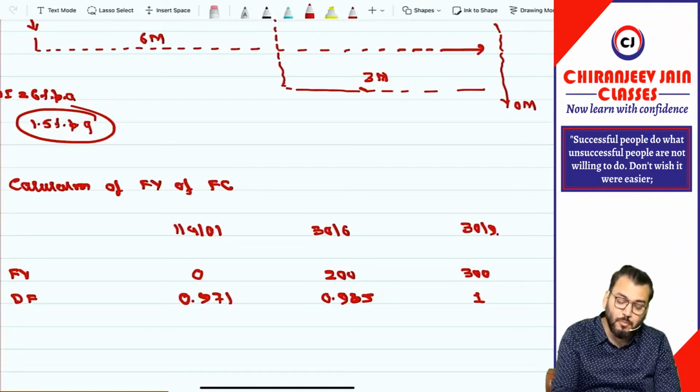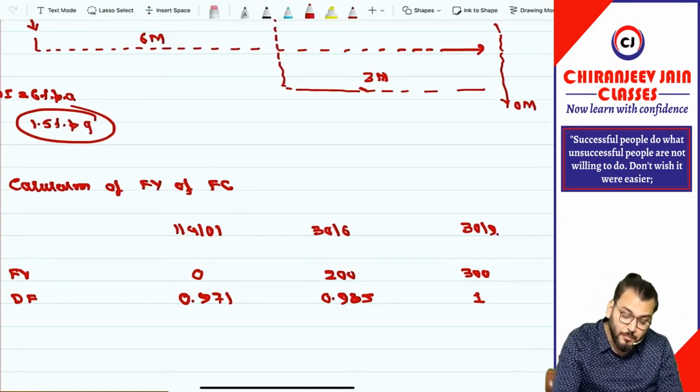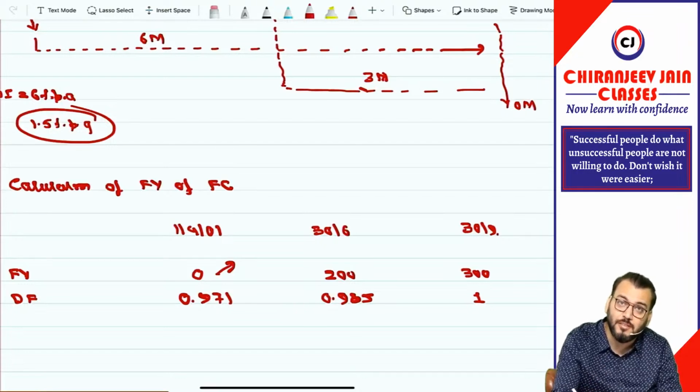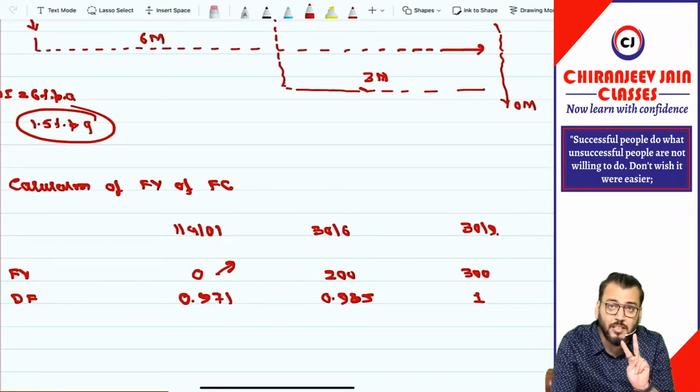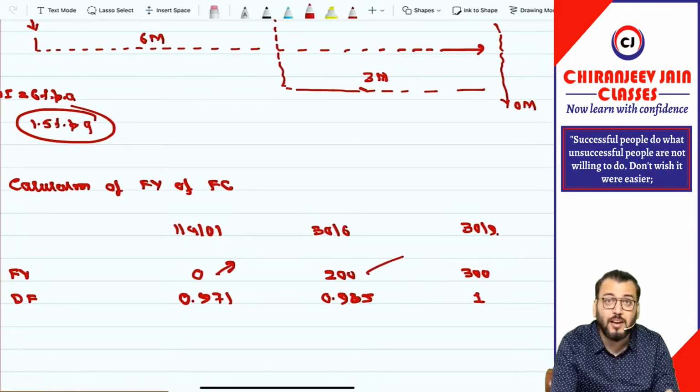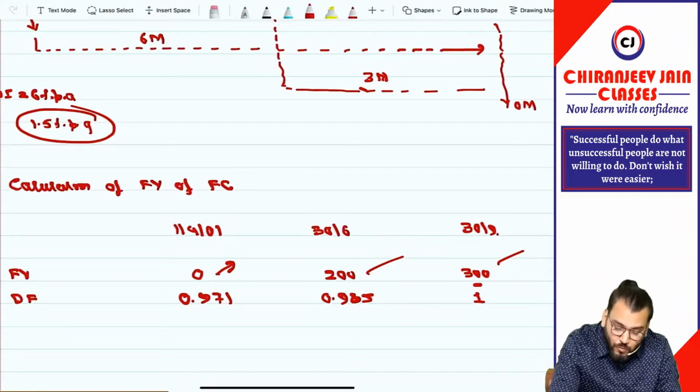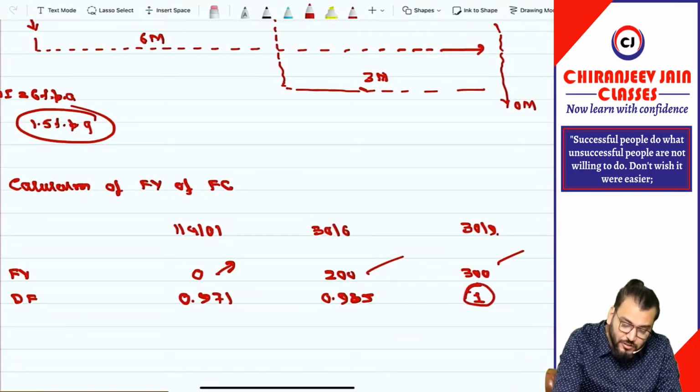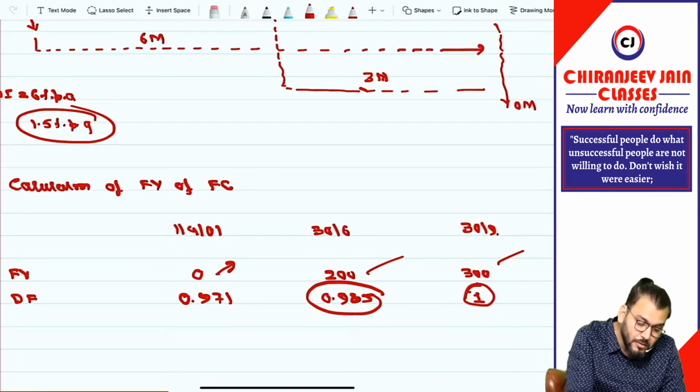Have you understood this? Normally you will make a mistake here, because this amount is receivable after 6 months. Because it is quarterly, you take the discounting factor for 2 terms. This is the discounting factor for 1 term, and this is the discounting factor at the beginning, which is 1 only.